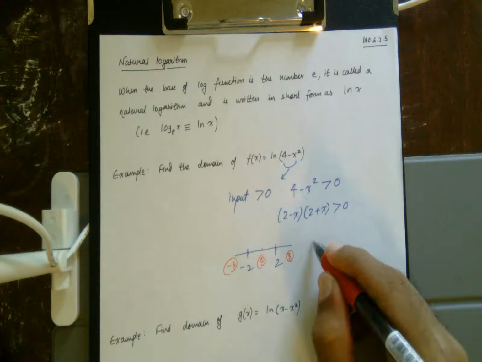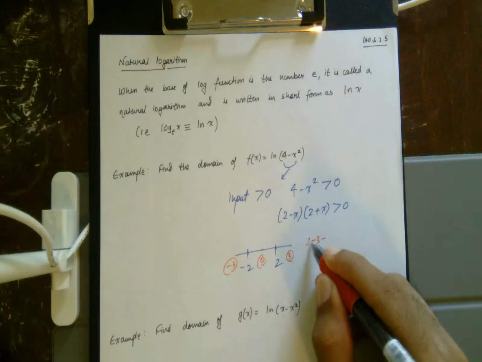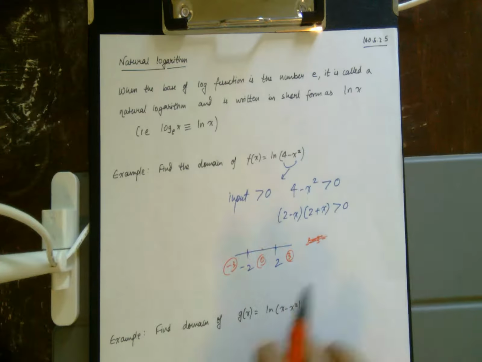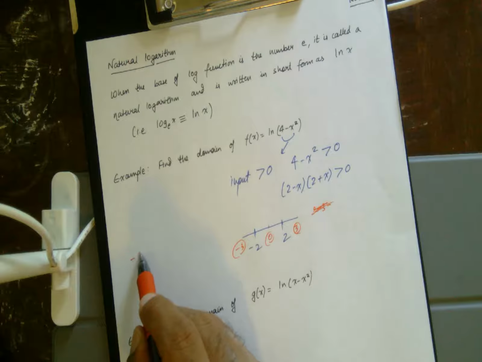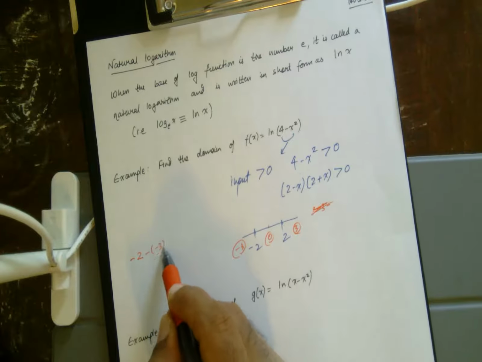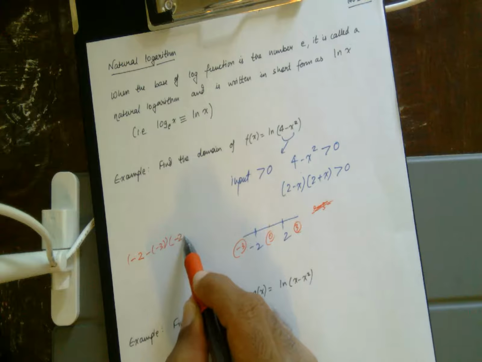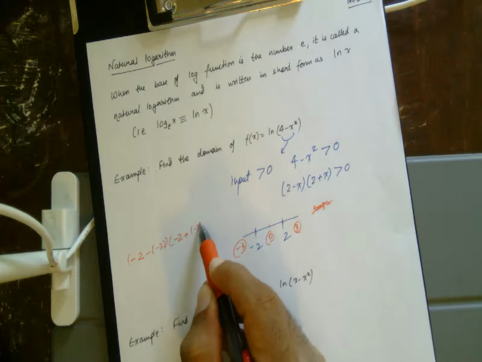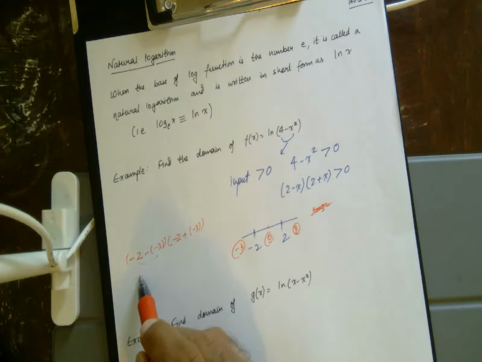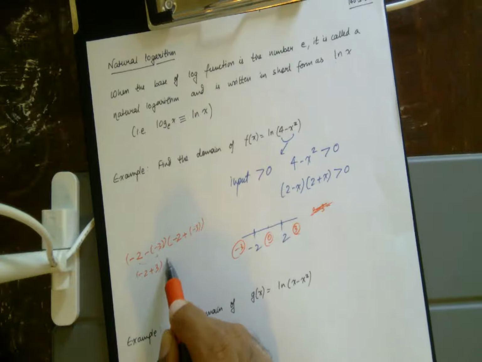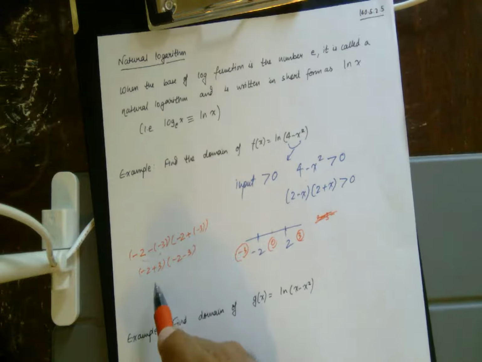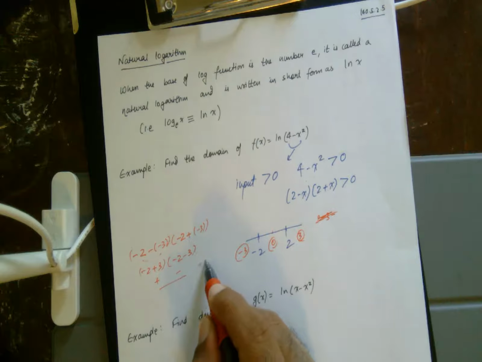And then I plug in negative 3: 2 minus negative 3 times 2 plus negative 3. So this is going to be 2 plus 3 times negative 1. So positive, negative, this is going to be negative.